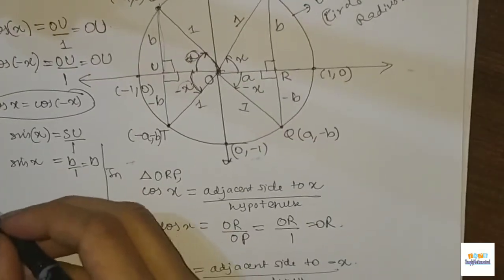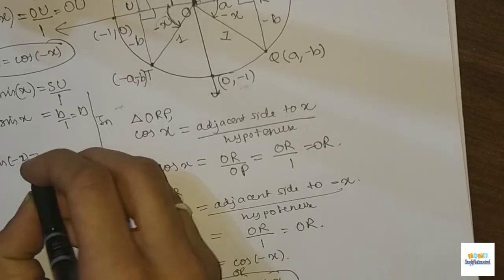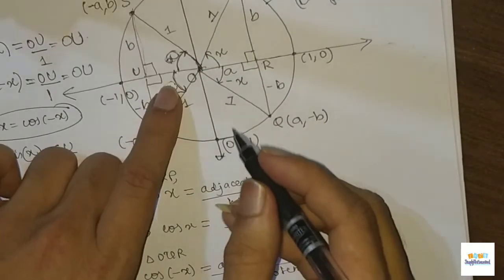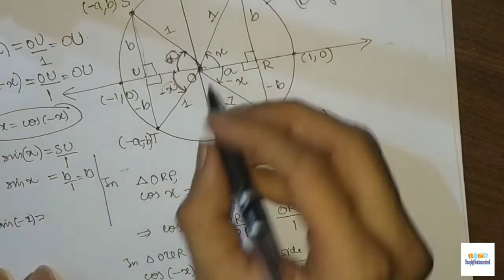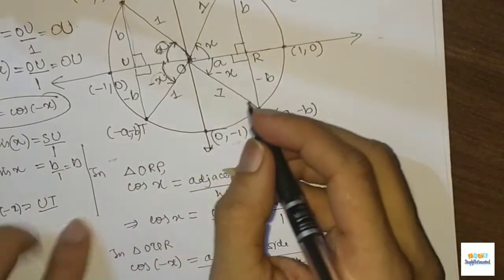Now if we consider sine of minus x, what will you get? See this, sine of minus x is opposite, that is UT divided by the hypotenuse, which is 1.